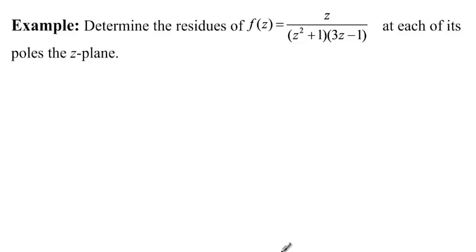Now, it is important to first of all know exactly what you mean by a pole or poles of a rational function like f of z. And so, as the solution, it has to be clear to all of us that when we're talking about poles, we're talking about points of singularity.